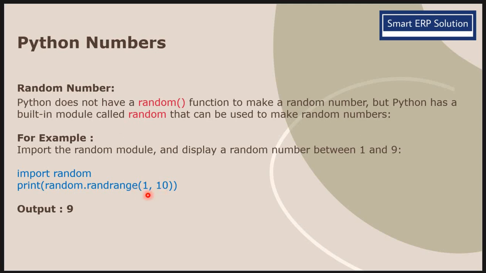It will give any number between 1 and 10. So the output will be 9. It can be 8, 3, 4, any number between 1 and 10. This is the syntax of that program.